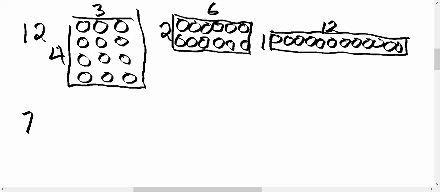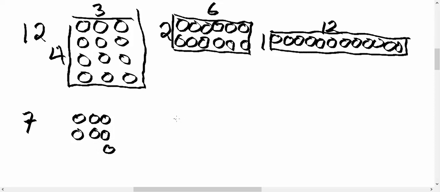All right, but then some numbers just didn't work out this way. So if you take the number 7, we could do 1, 2, 3, 4, 5, 6, and then 7. But this extra dot, we just have nowhere to put it so that it forms a rectangle. There's just nowhere we can put it.